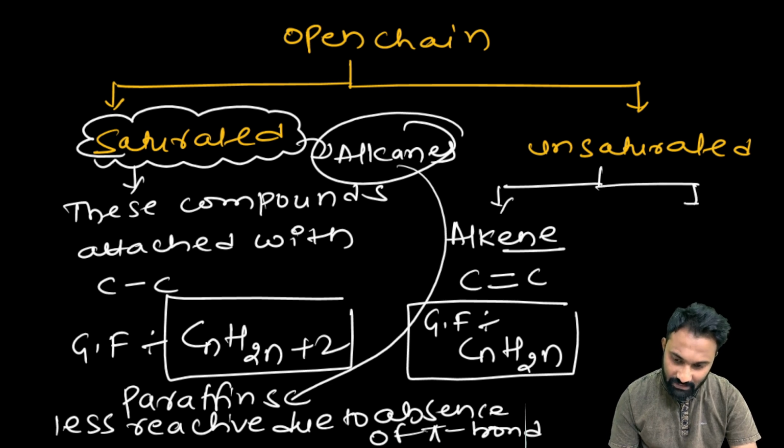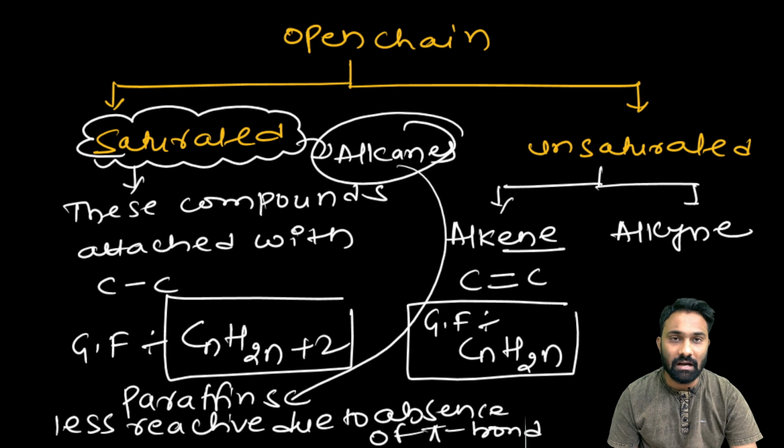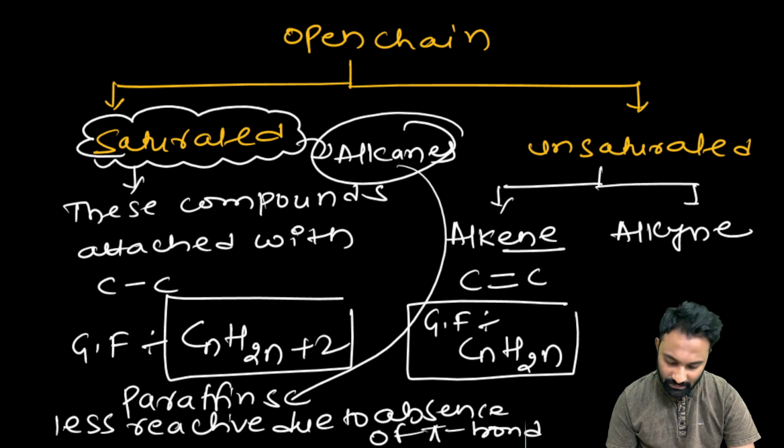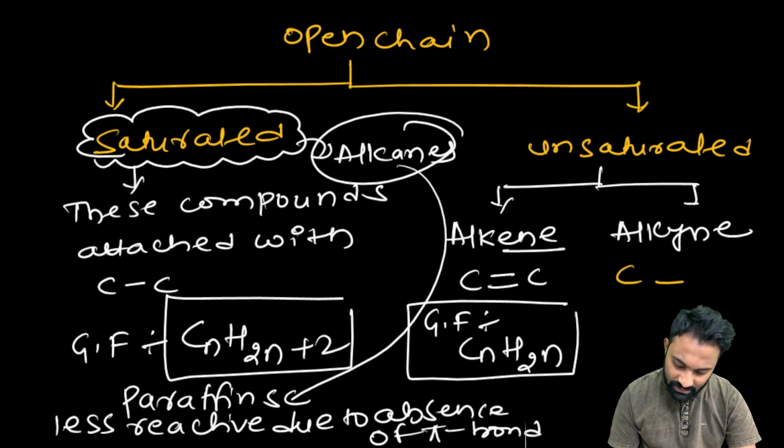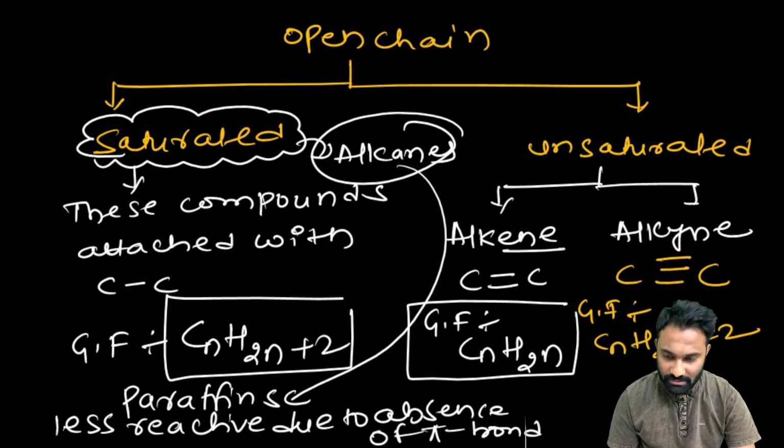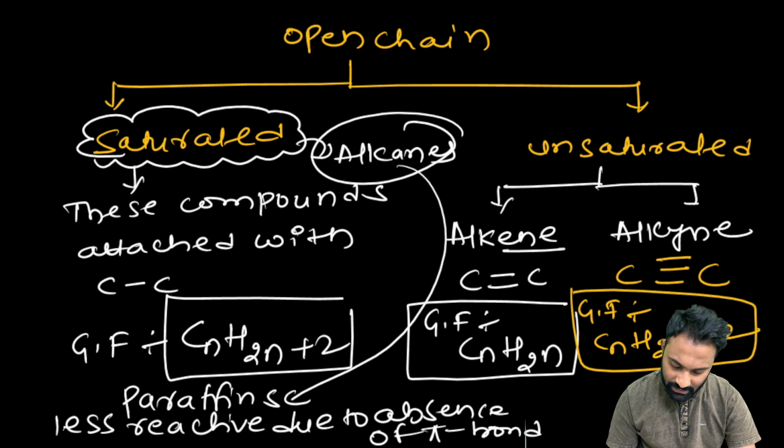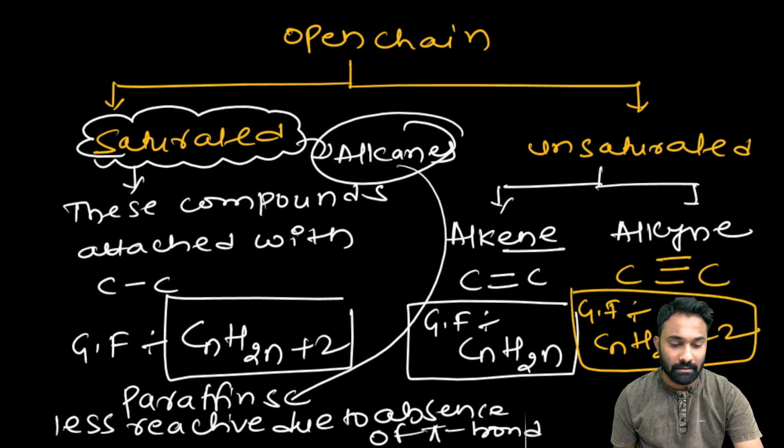And the next one we have is the alkyne. The alkyne is connected with one sigma bond and two pi bonds. What is the general formula for the alkyne? That is CnH2n-2. Clear? Done?